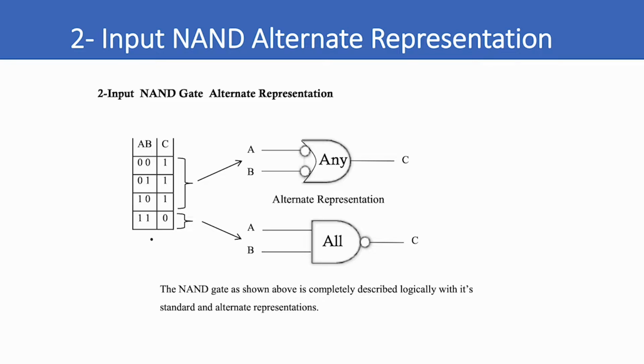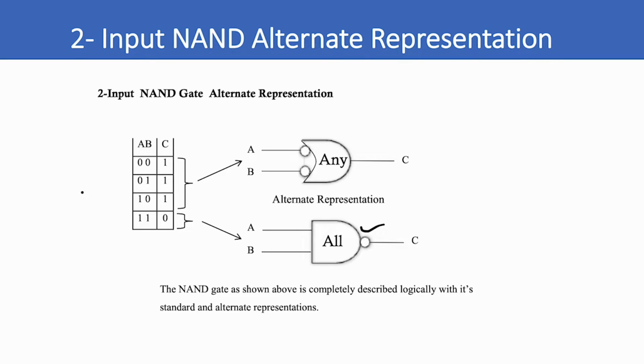Okay? So now let's look at a 2-input NAND gate and its normal designation, which is the NAND symbol right here, and then the alternate symbol representation, which is an ANY with the inputs inverted.